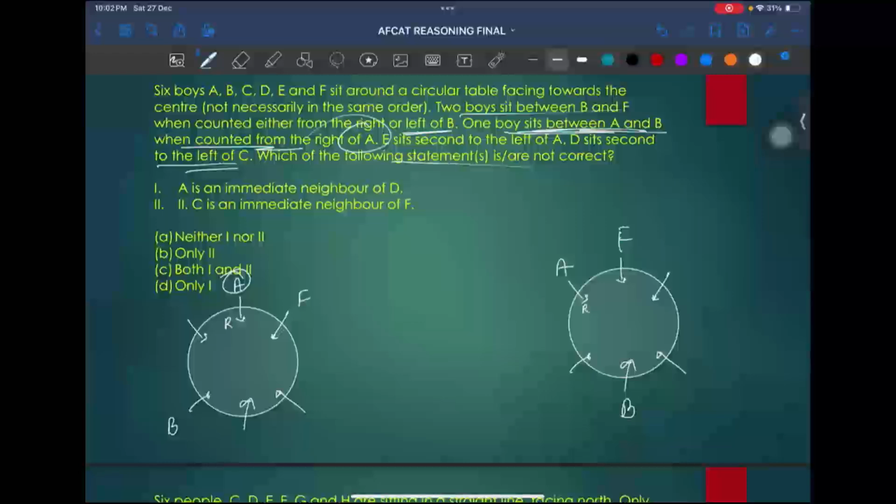Okay. E sits to the left of A. Since F position is here, E should be either here or here.